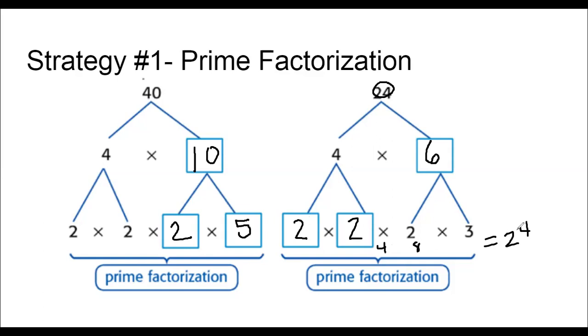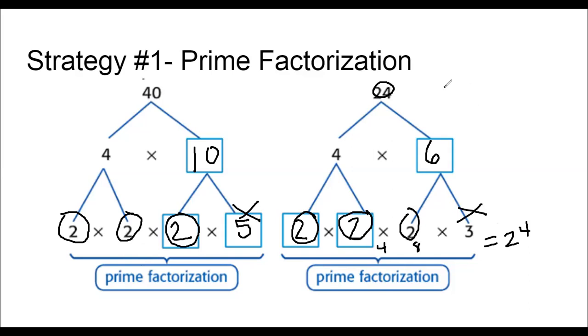All right? Now, what we're going to do is we're going to circle the numbers that are prime that are in common with each other. So I'm going to circle 2 times 2 times 2 under 40 and 2 times 2 times 2 under 24. 5 doesn't match. It's not over here on 24, and 3 doesn't match either.